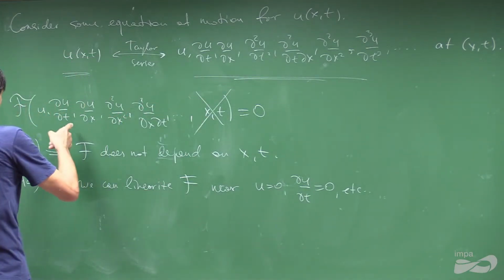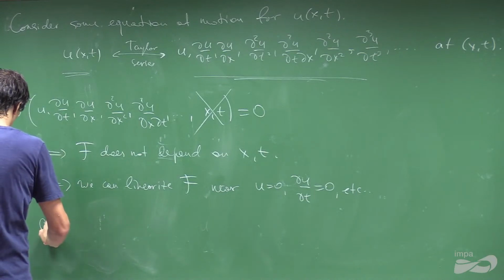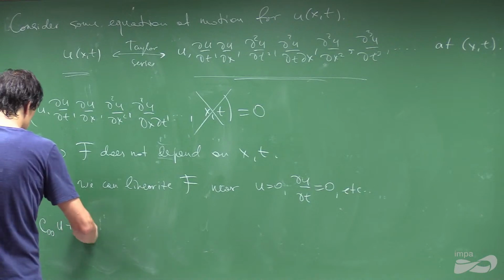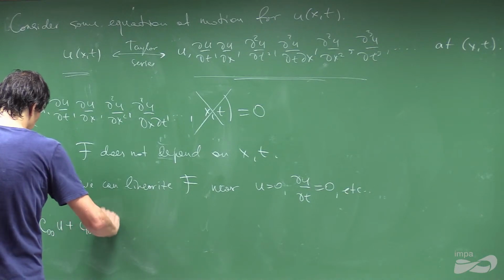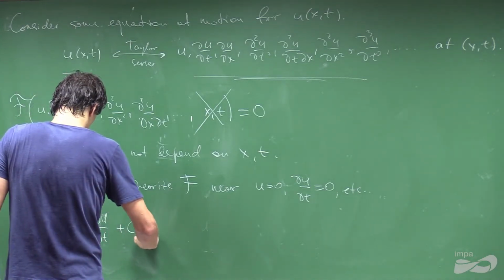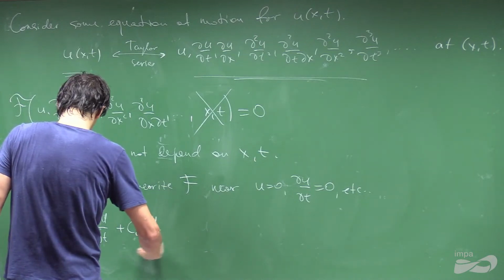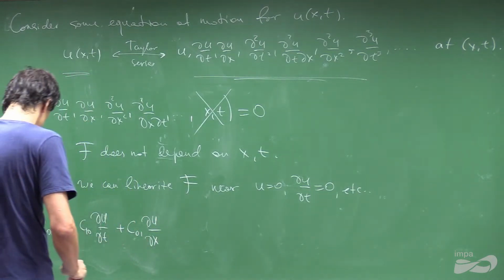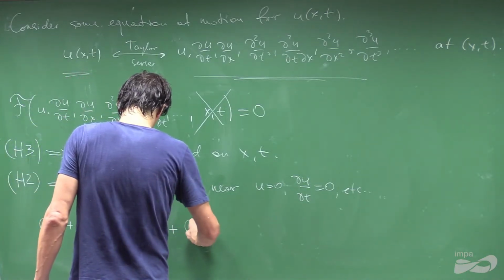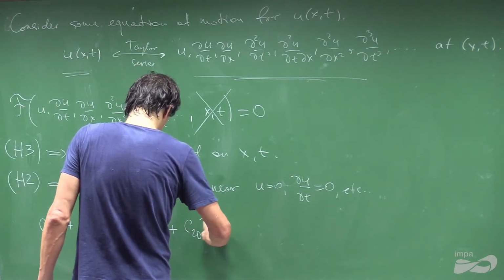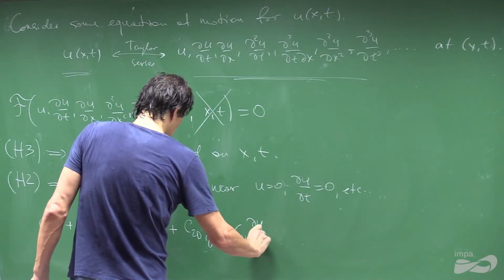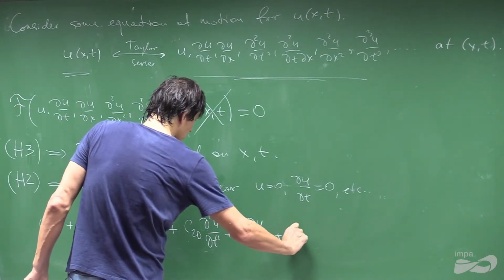So instead of this function, we write C00 u plus C10 du/dt plus C01 du/dx plus C20 d²u/dt² plus C11 d²u/dt dx, and so on, equals 0.